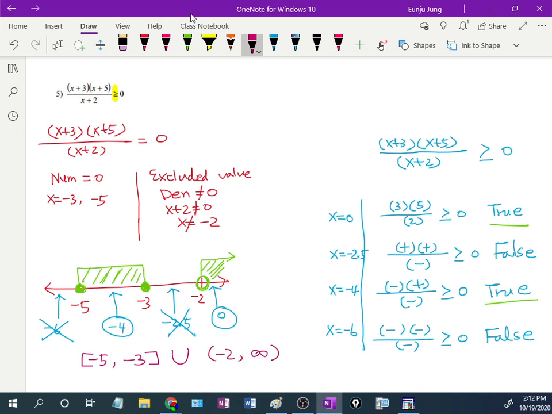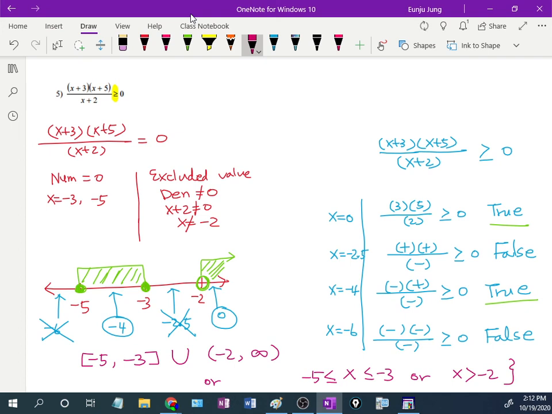In the future, in pre-calculus class, we use interval notation a lot, so let's be familiar with this type of notation. If you want to write it using inequality, you can say x is between negative 5 and negative 3, both ends inclusive, or x is greater than negative 2.